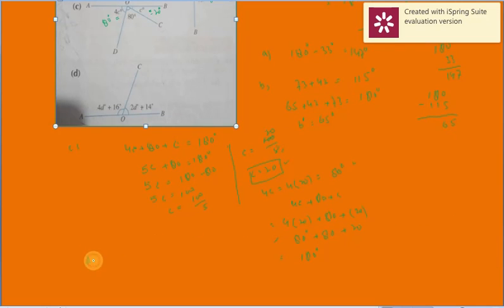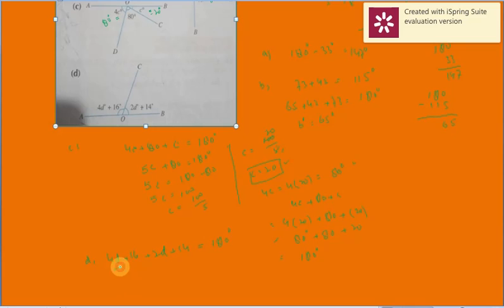Similarly, we can solve part D here. In part D, there are two angles. One is 4D plus 16 and the other is 2D plus 14. But we know that the sum of all angles must be equal to 180 degrees.